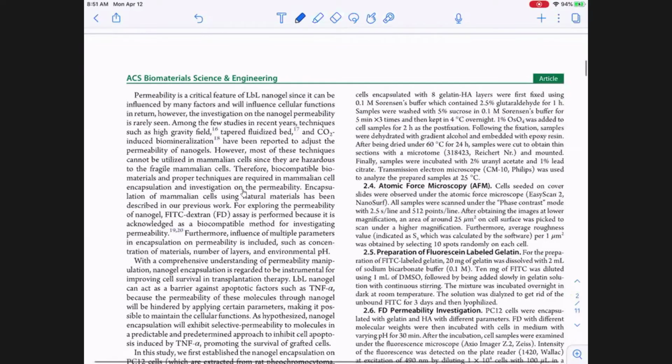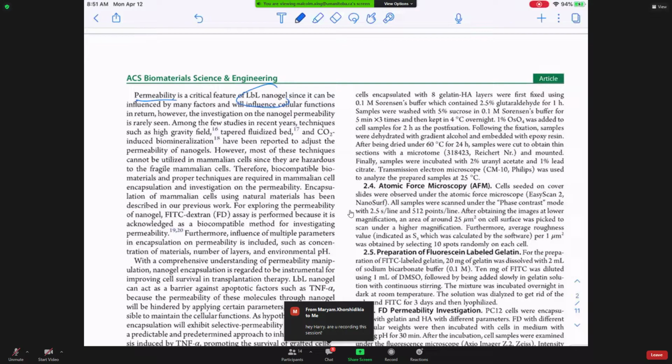Then again, they mention there are some other issues. Permeability of LBL: we need to let this capsule have some specific porosity.